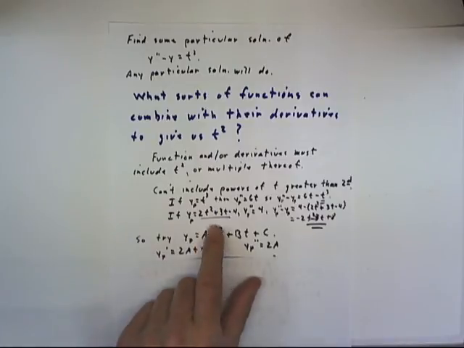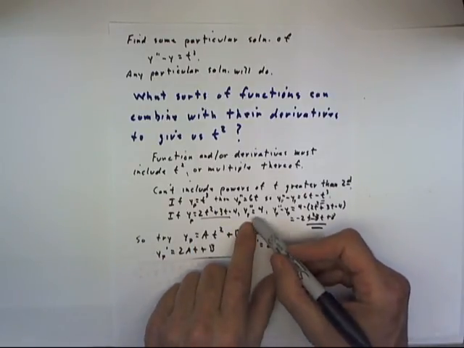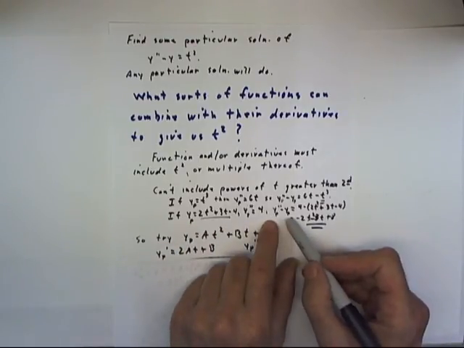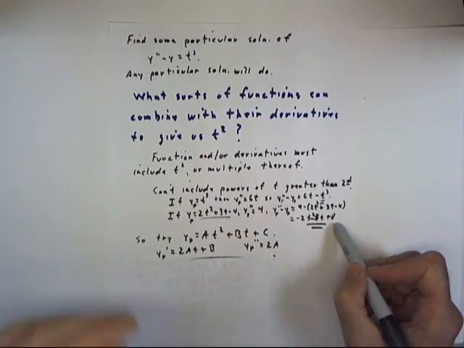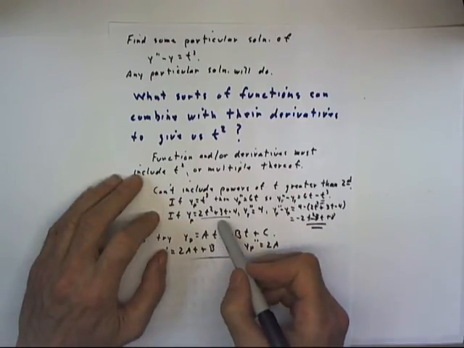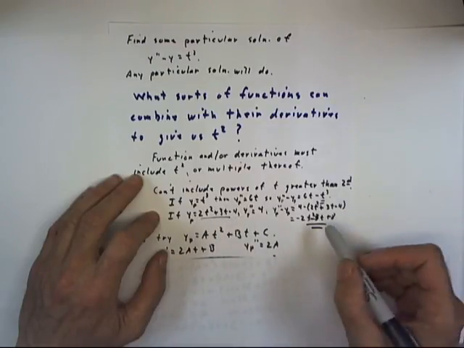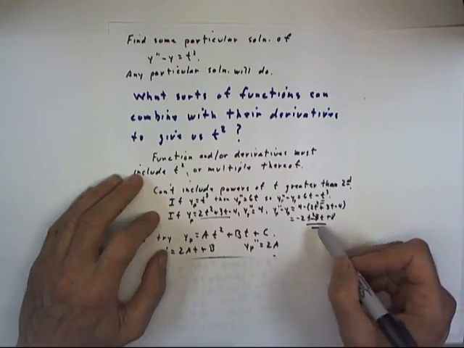Now, if yp was some quadratic polynomial, then its second derivative would still just be a constant term. Our yp double prime minus yp would be some other quadratic polynomial. If we chose the right coefficients of this quadratic polynomial, we might be able to get rid of the 3t and the negative 4 here.